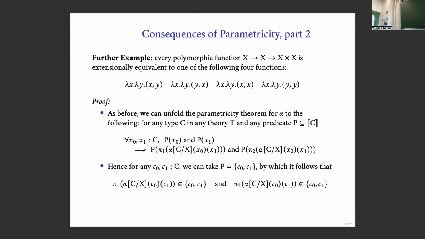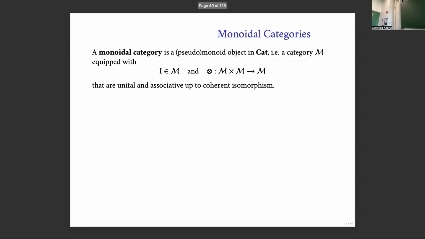To first talk about substructural type systems, I'm going to need to talk about monoidal categories. For a quick recap, this is not by any means a very rigorous treatment: a monoidal category is a pseudo monoid object in Cat, i.e. it's a category M that comes equipped with a unit element and a tensor operation, which are required to be unital and associative up to coherent isomorphism.